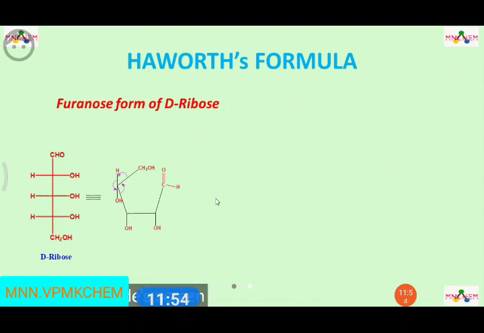The three groups, namely hydrogen, hydroxy, and CH2OH, will be rotated in such a way that the stereochemistry at C4 carbon will remain unchanged, and therefore we will get a structure like this.